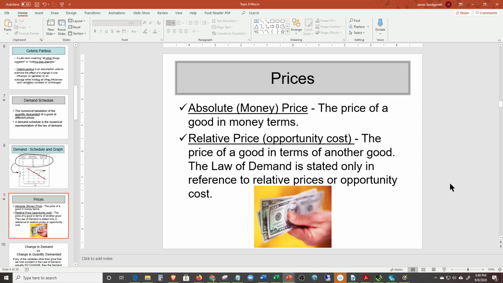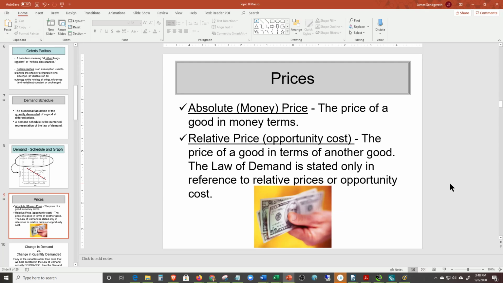So for economists, the demand curve is always in terms of relative prices. So if the relative price or opportunity cost rises, everything else unchanged, the quantity demanded will decrease. The problem with absolute money prices is that, say you have inflation and prices double for a good.